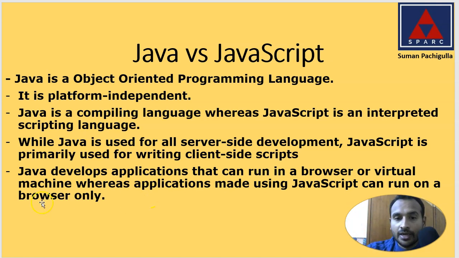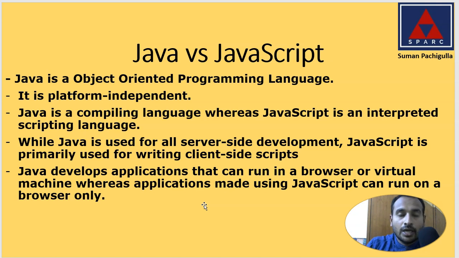But an application made with JavaScript can only run on browsers; it won't run on any virtual machines. All right, so for any application written in Java where a browser is available, we can use it on any particular operating system.